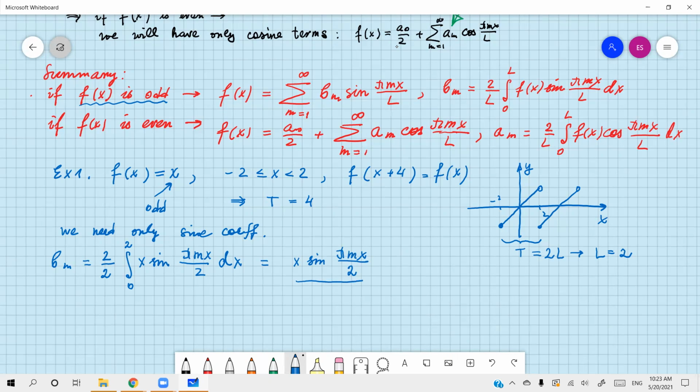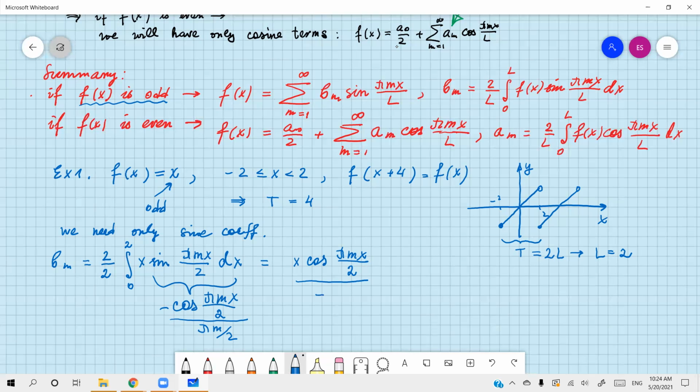And actually, why did I write a sine? It's supposed to be cosine, because I'm doing it by parts. The integral of sine is going to be cosine of pi m x over 2. If you differentiate cosine, you get a negative sign, so we're supposed to put minus here. And we're also supposed to divide by pi m over 2.